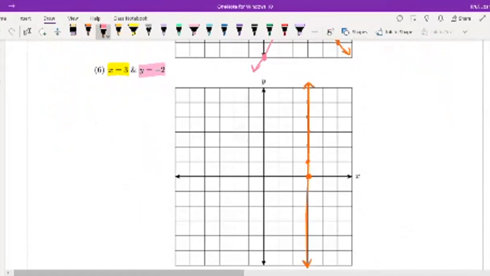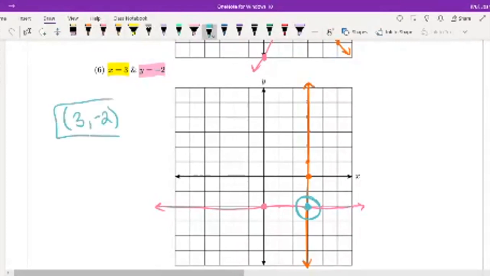Similarly, y is equal to -2, you go to the -2, and now y is always -2, so we are on this line. And you'll see their intersection is right here, which is the point 3 comma -2. And you'll notice if you look here, if x is always going to be 3 and y is always -2, obviously that would have been the solution.